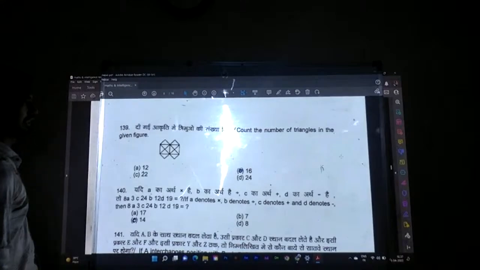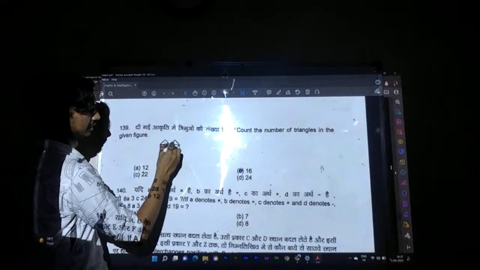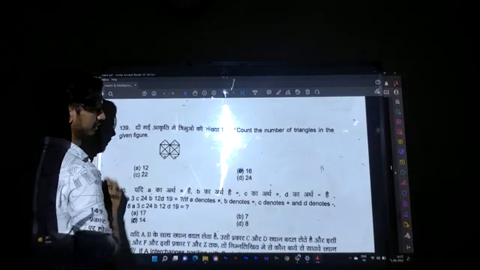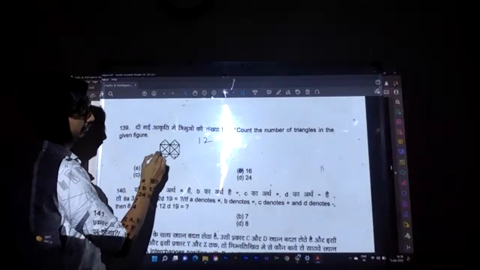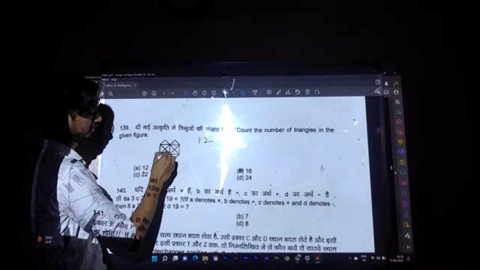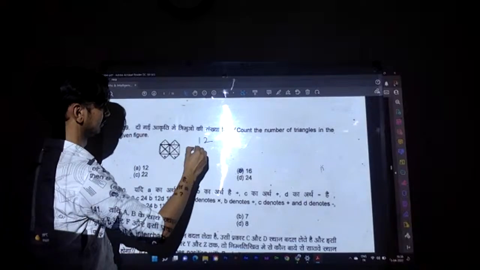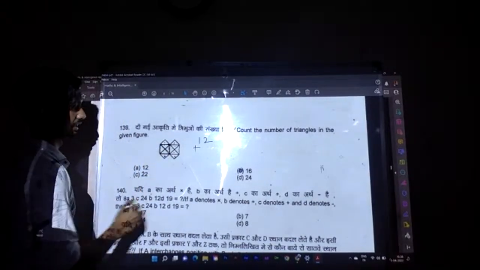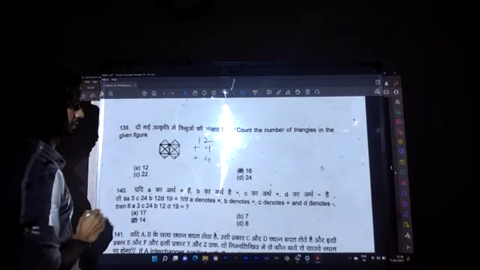Okay. In question number 139, you have to calculate the number of triangles. You will get 1, 2, 3, 4, 1, 2, 3, 4. These are the basic triangles. Now this will also become a triangle, and this will also become a triangle, and this too, so plus 4, and the same goes with this one, which will also be plus 4.